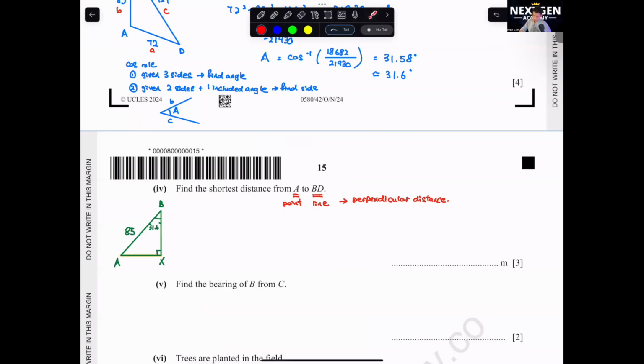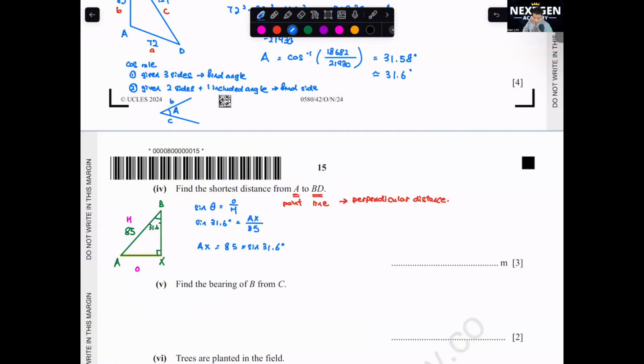Don't use the bottom part. So from here, we can use SOHCAHTOA. Which one do we use? Opposite, hypotenuse. So we can use sine theta equals opposite over hypotenuse, which is sine 31.6 degrees equals AX over 85. AX equals 85 times sine 31.6.